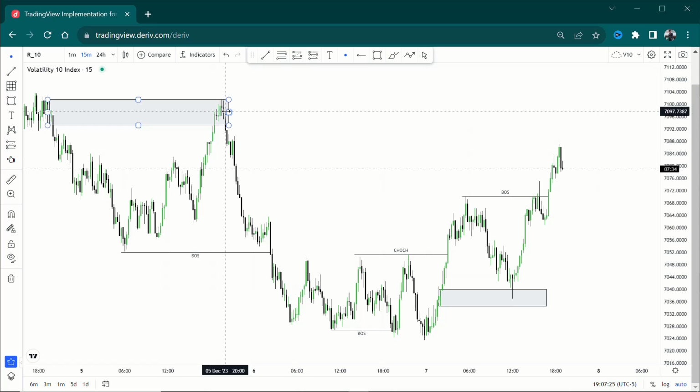I'm really, really trying my best to help you guys, and I really hope someone is going to benefit from this. I just hope that as time goes on, as we are entering 2024, your mindset just changes. There's no need of you blowing your account. That is just not supposed to be happening at all. Blowing accounts should be a thing of the past. I want you guys to be making money.